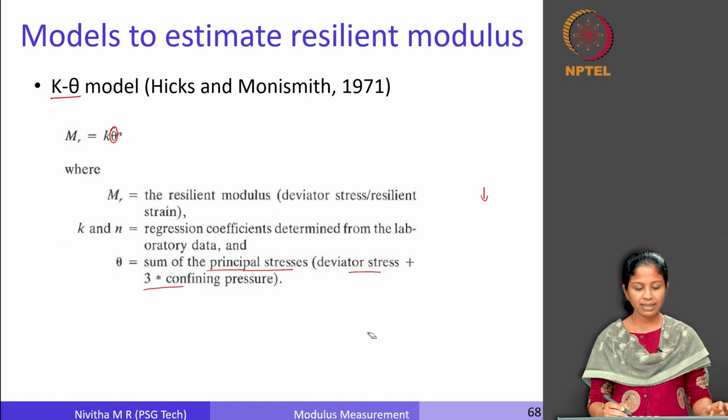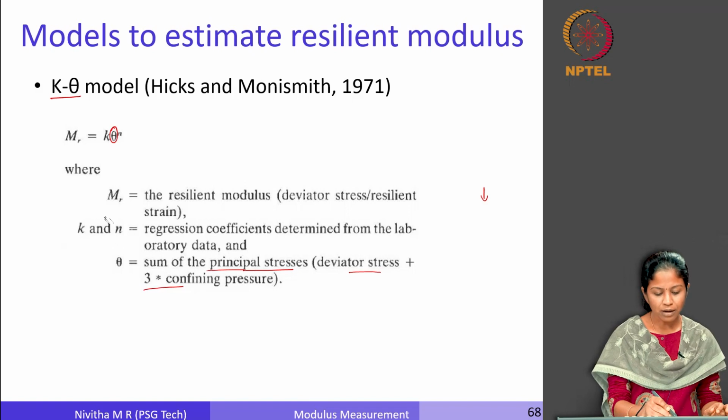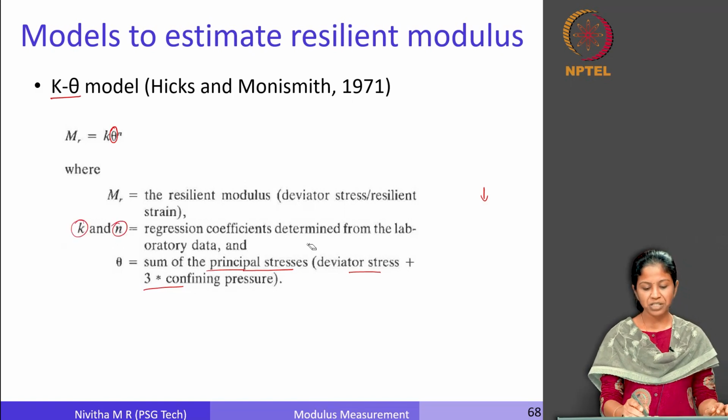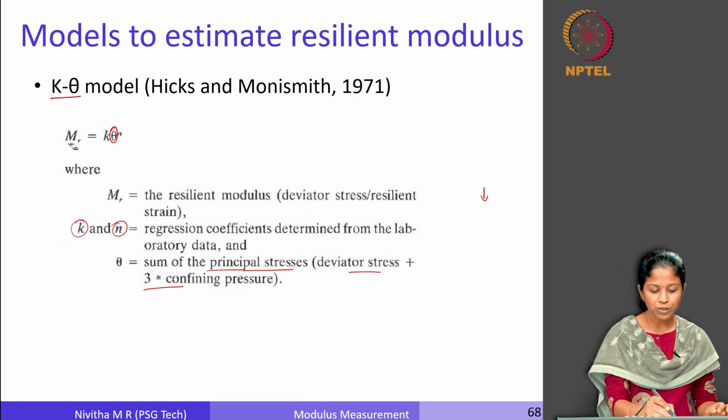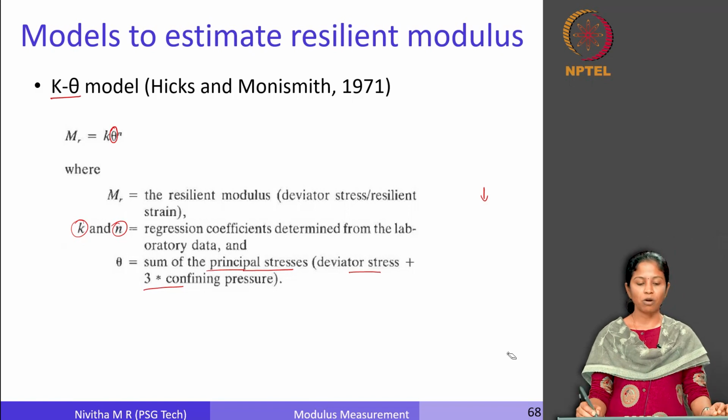This is called the parameter theta, and there are 2 other parameters, K and N, which are regression coefficients determined from laboratory data. So this model was used to calculate the resilient modulus.